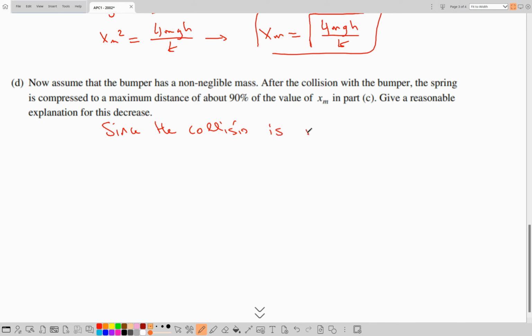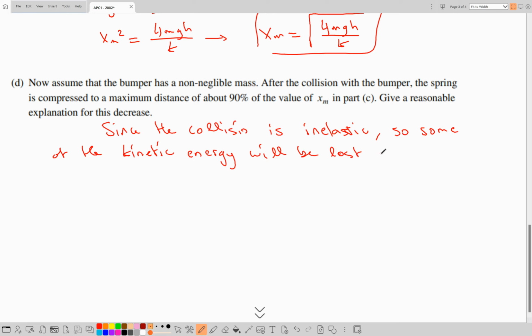is inelastic, some of the kinetic energy, which is basically the speed, will be lost during collision.